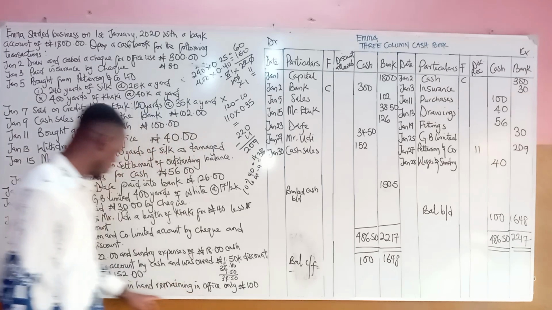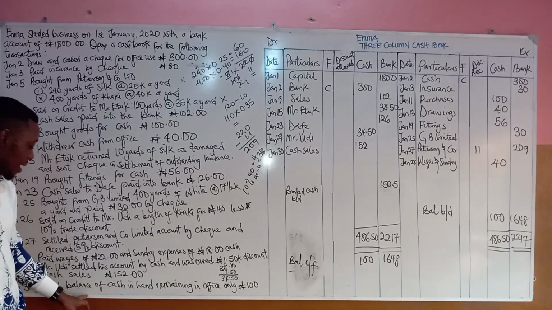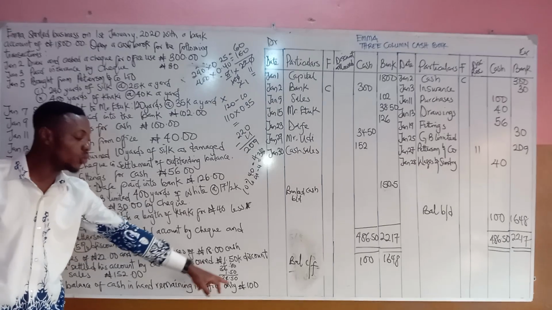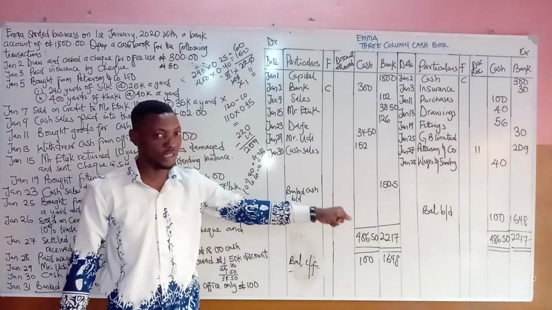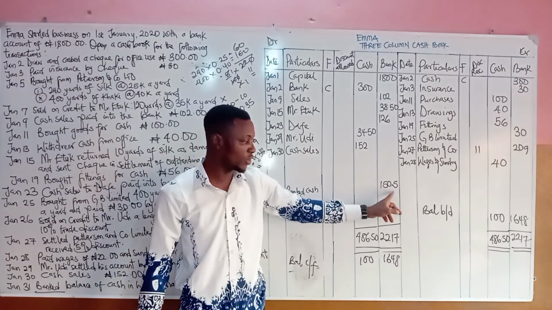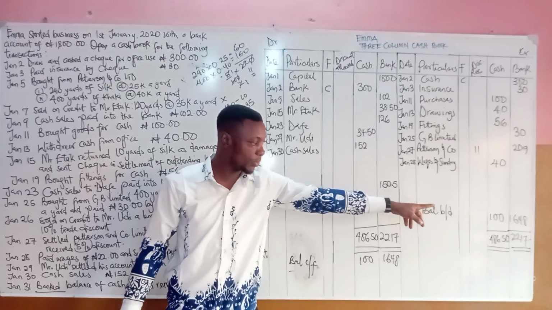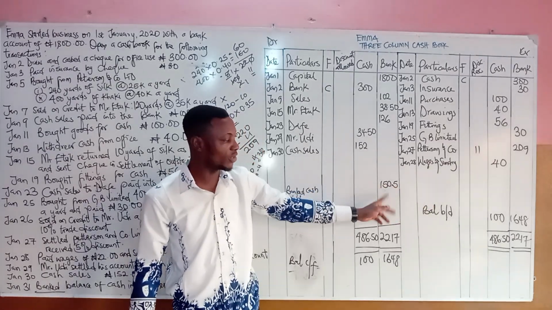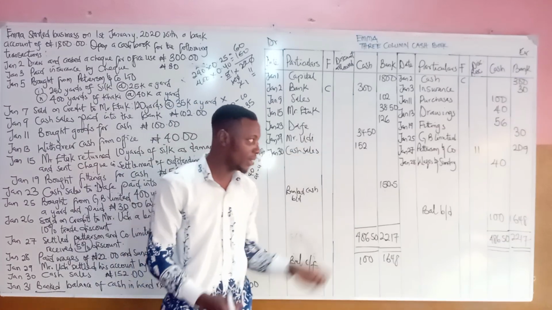But because the question said we should bank a balance of cash in hand, remaining only 100 naira in office, that is why we subtracted 100 from 250 naira 50 kobo, and 150 naira 50 kobo was what was remaining when we removed 100 naira. That is why it was there, because it increases the value of what we have in the bank.